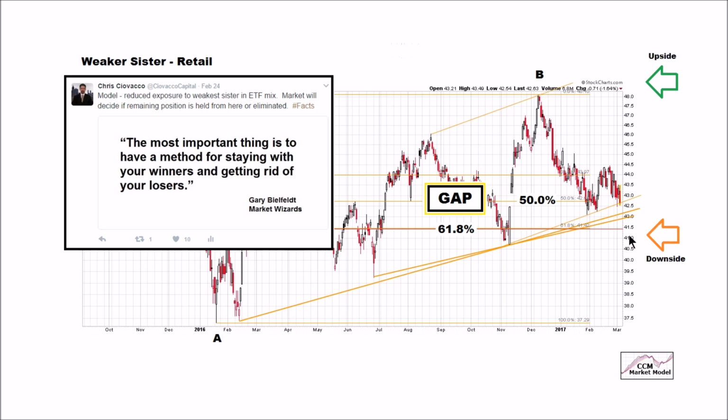Hence, the rationale for being patient to see what happens. We also have revisited a gap. We know markets like to revisit gaps. So we have a gap, the 50% retracement, the 61.8% retracement, and these trend lines. We have no bias whatsoever relative to keeping or selling XRT.